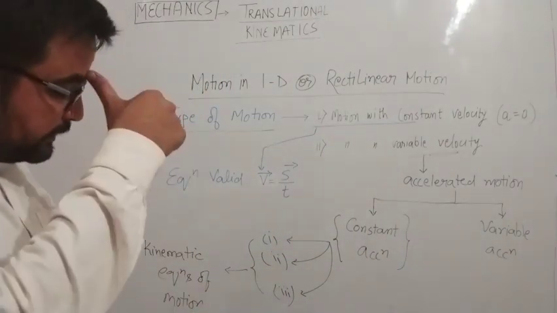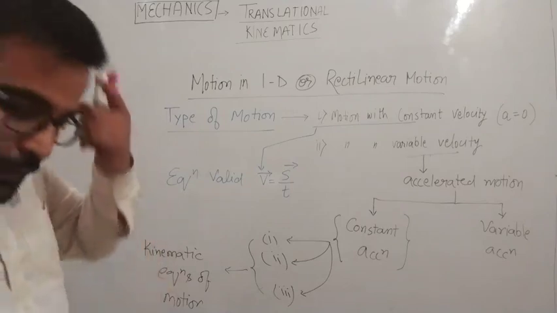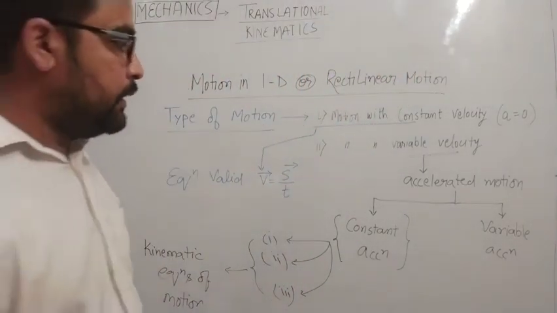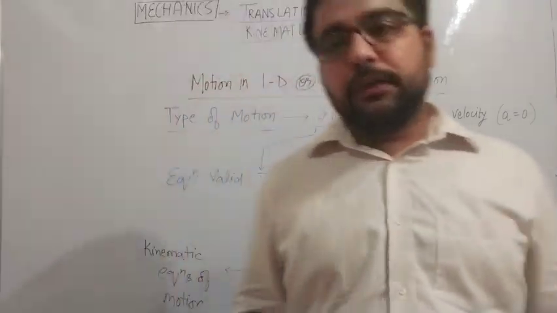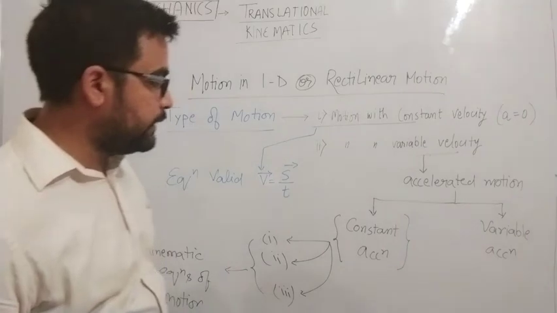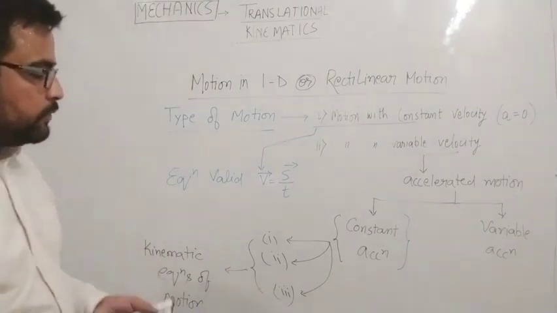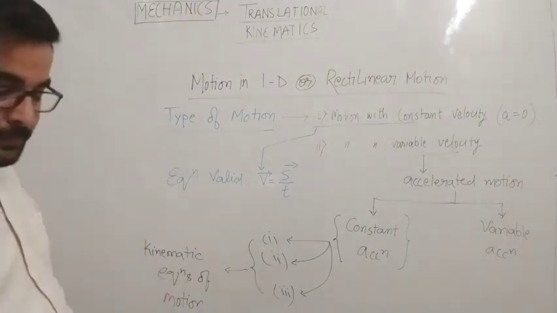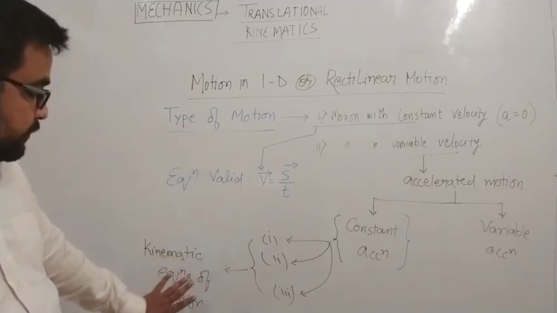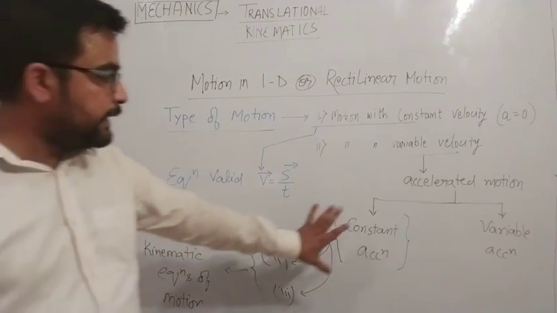We will see it in vector form, and later on we will resolve the vector form to solve it by making it a scalar quantity, but that we'll see later. So these three kinematic equations of motion will govern this kind of motion.